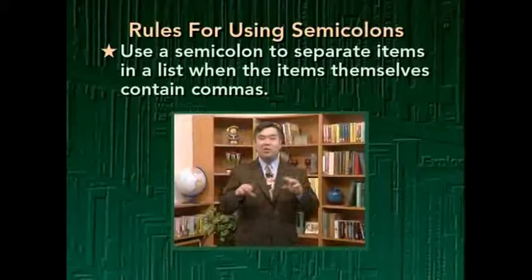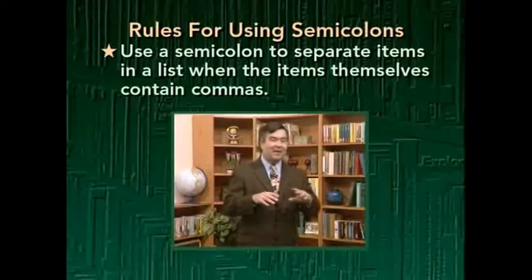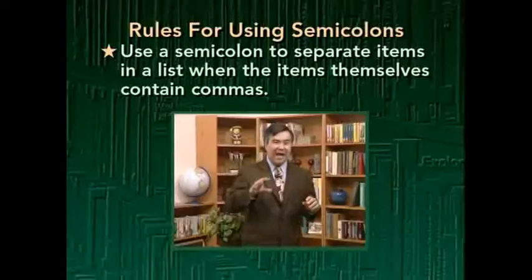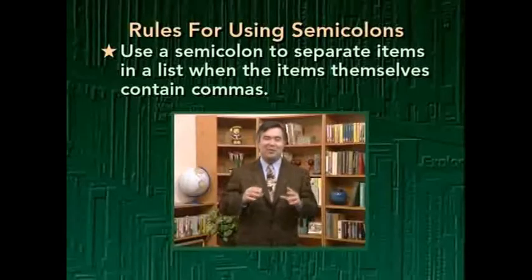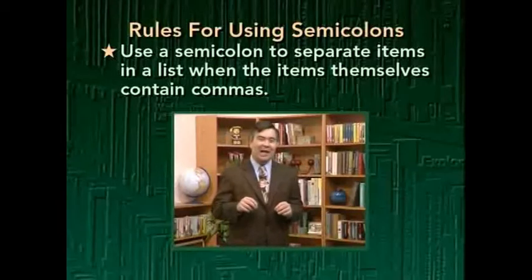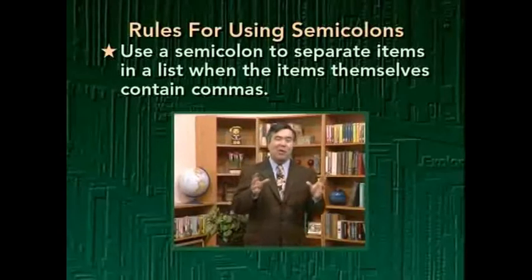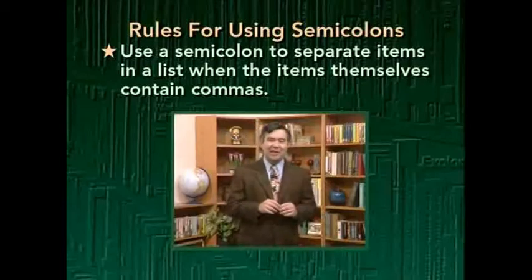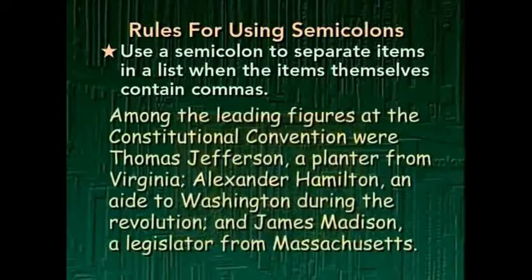If you string those together, the whole sentence can become very complicated and difficult to read. Therefore, to add another layer of separation between the items, it can be a good idea to use semicolons to separate the items. Otherwise, you can't tell where one item begins and the next one ends. Let's take a look at this example, and you'll see what I mean.